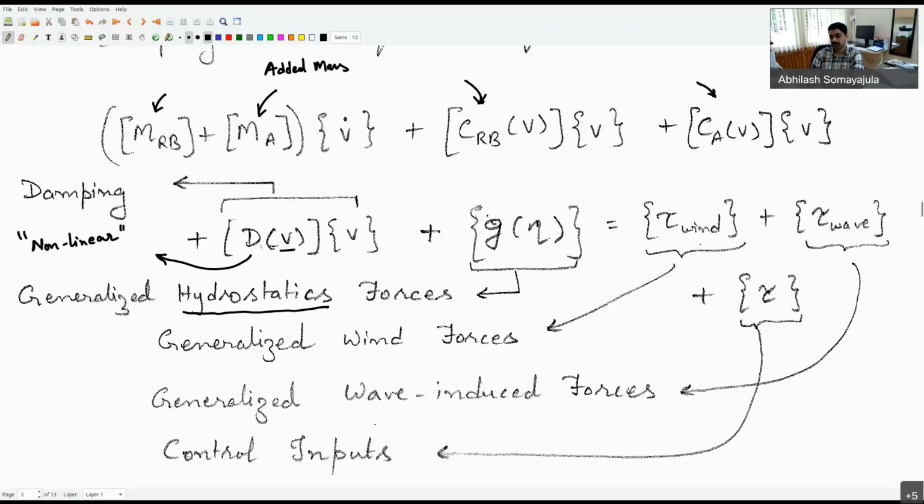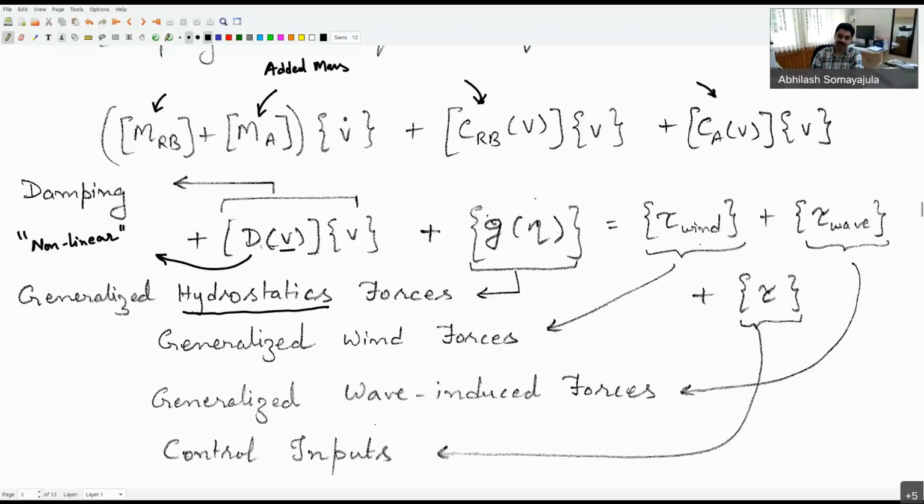Yes. But suppose I wanted to include roll also as a mode, so say I'm looking at a 4 degree of freedom model, then I can't ignore the hydrostatics in the roll, and that part has to be captured in this vector. So for most of our applications, when we are dealing with surface vessels, this part will not be important.